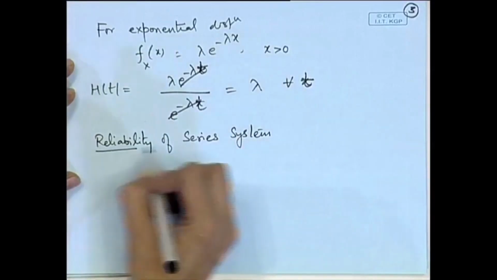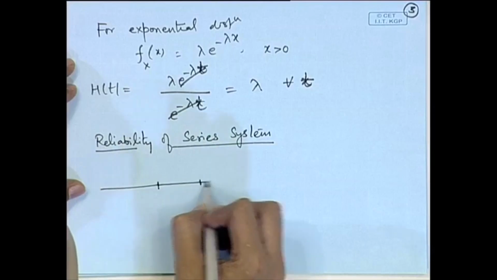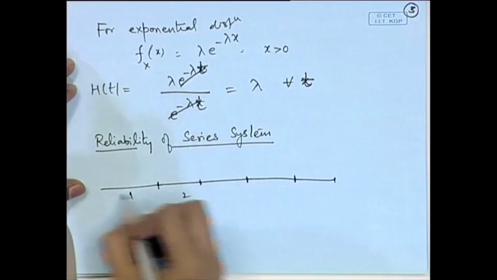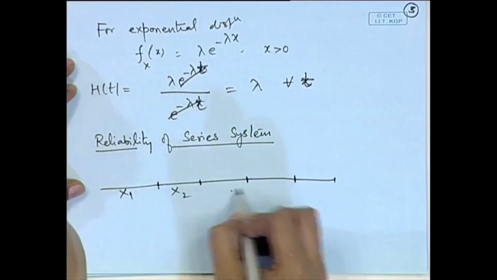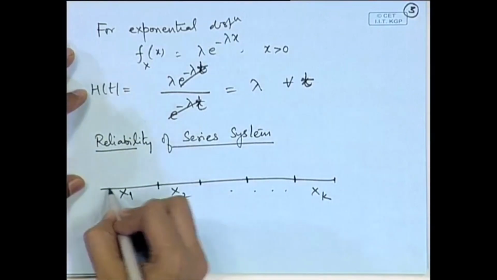Let us consider the reliability of a series system. So, suppose we have say k components with lives x 1, x 2, x k, and they are connected in a series.